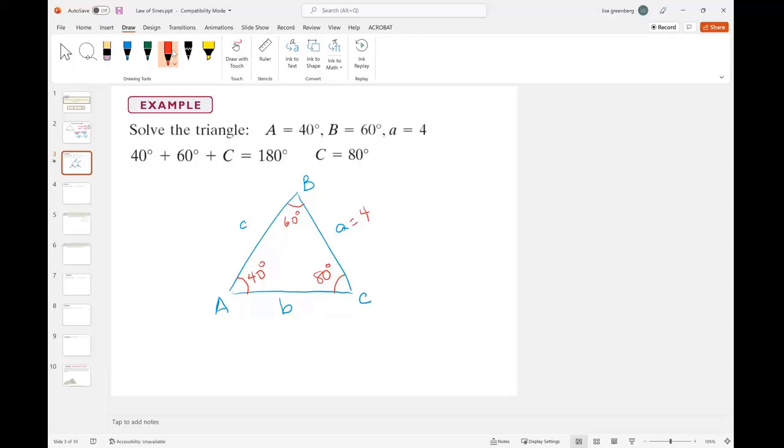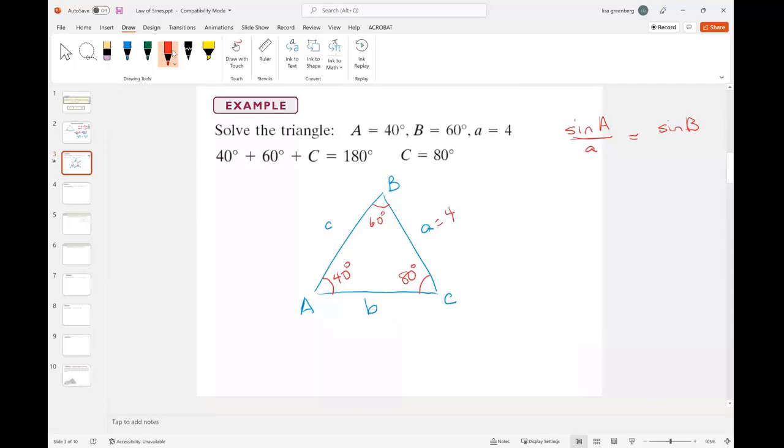So here, I'm going to have to use A because I have sine of A over A, and that's the only one that I have both variables. So I'm going to start by saying that the sine of A over A is equal to, and then it doesn't really matter, let's just say the sine of B over B. Okay. And so here we go. Sine of A, so sine of 40 degrees.